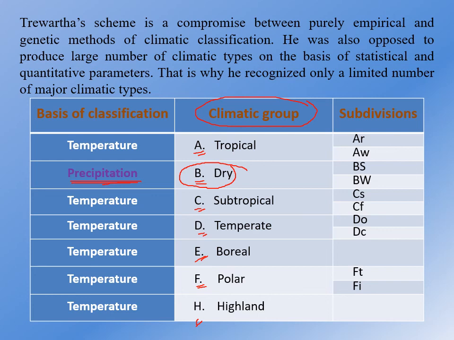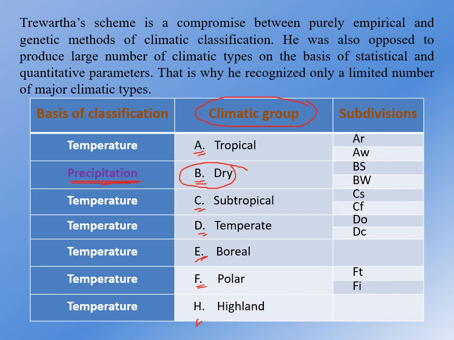The subtropical or C type climate can again be subdivided into two types, CS and CF. The D temperate climate can be divided into two, DO and DC. These two groups indicate the oceanic and continental areas.